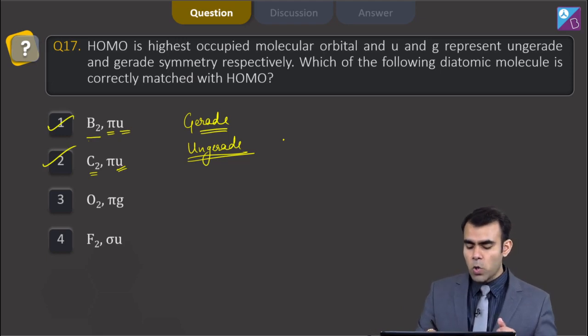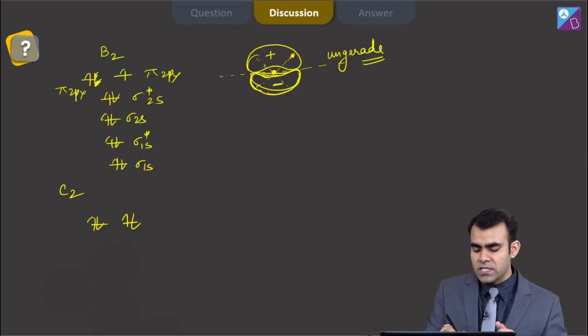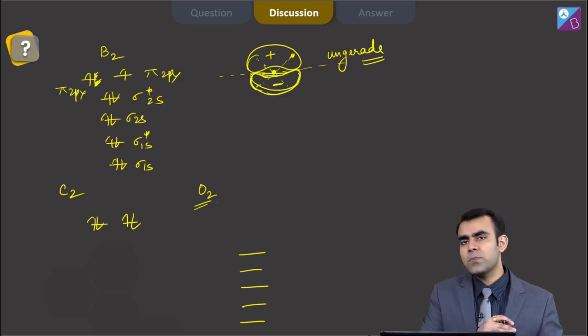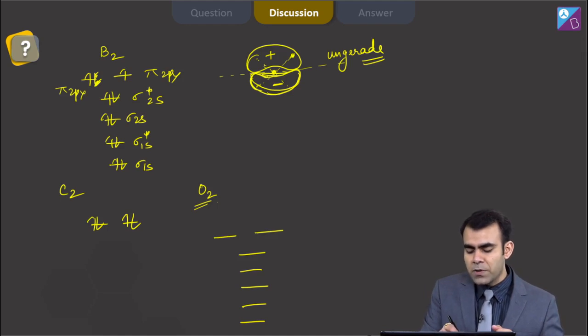Now what about O2? Now in O2 this is just reverse. Initially we have sigma 1s, sigma star 1s, sigma 2s, sigma star 2s, sigma 2pz, pi 2px, pi 2py, pi star 2px, pi star 2py.